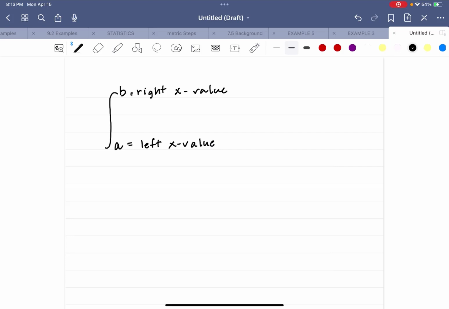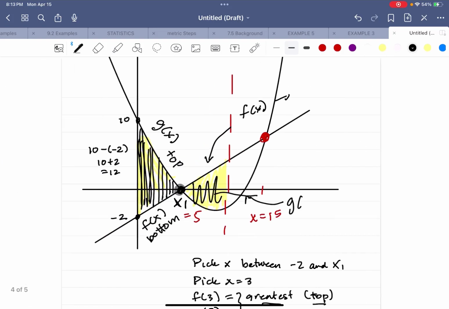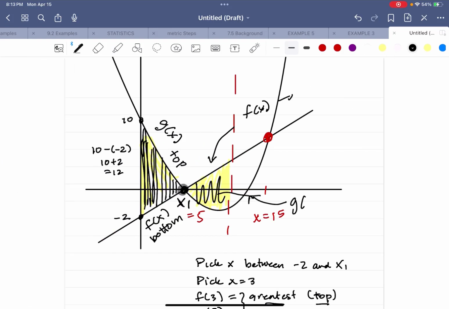And then you're going to have top function minus bottom function dx. And if the graphs switch places, where one is on top part of the time and the other part of the time, you'll have to find that point where that switch occurs by setting the functions equal to each other.